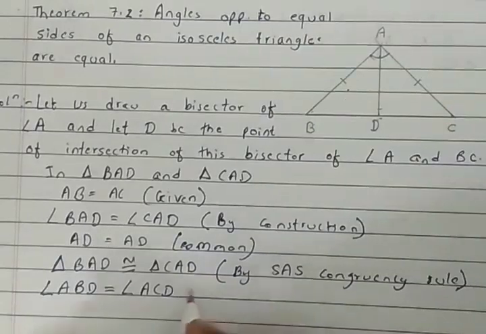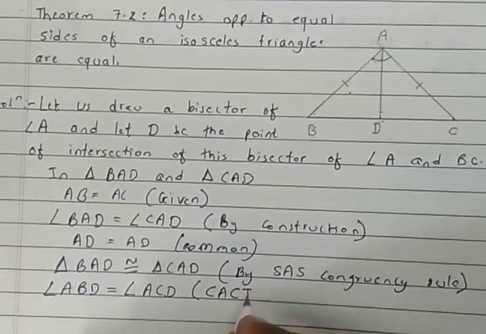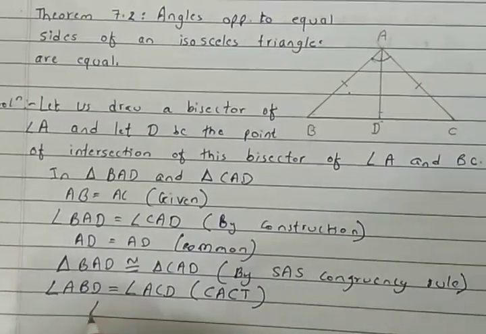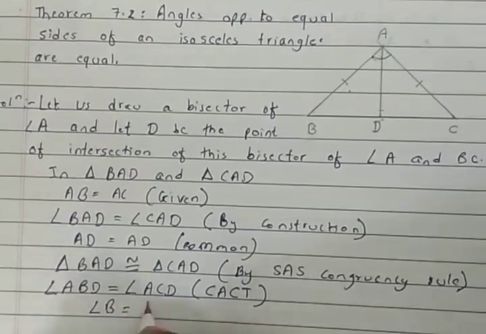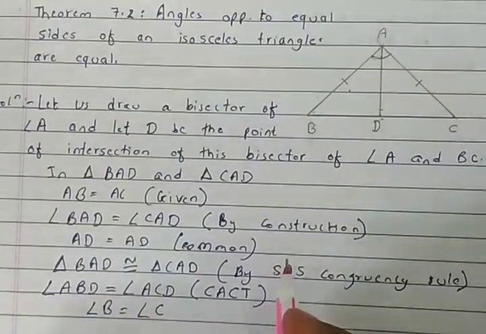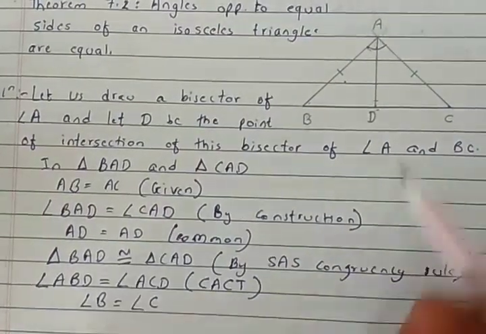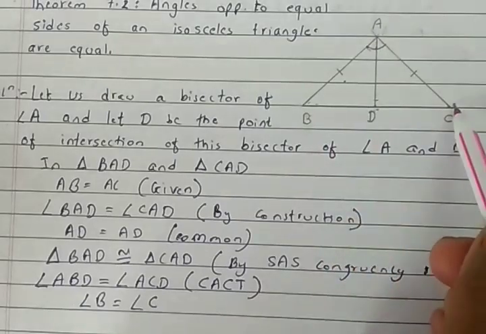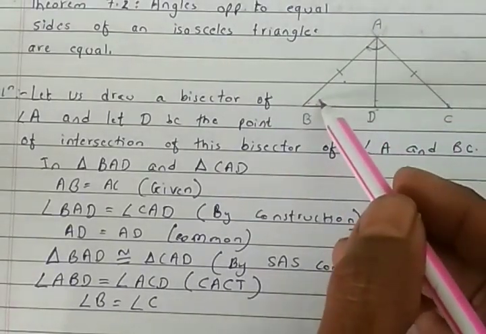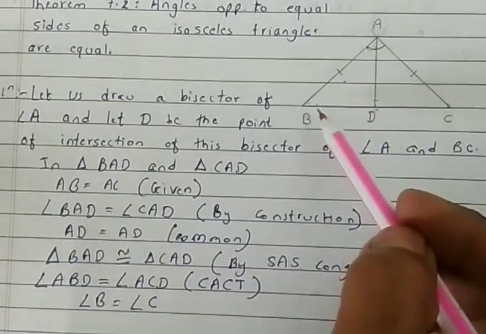How we can say that? Because they are corresponding angles of congruent triangles, right? We can write the short form also. Angle B is equal to angle C. So now we have proved that angle B and angle C, they are opposite angles to the opposite sides of an isosceles triangle.